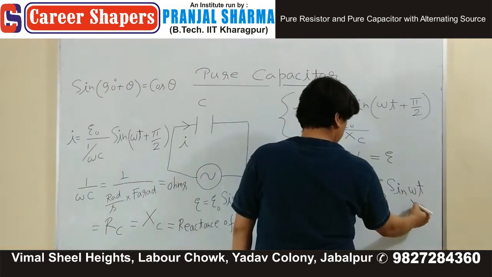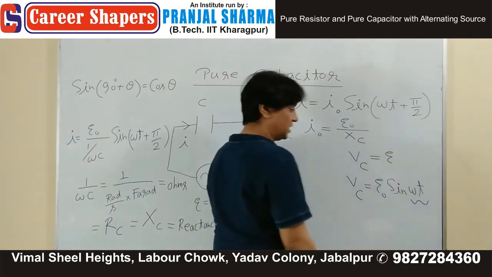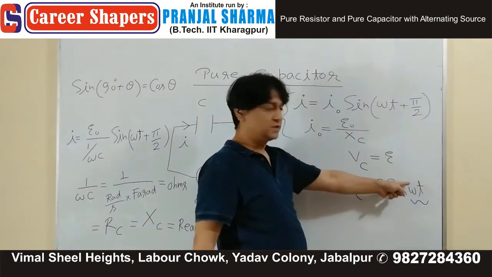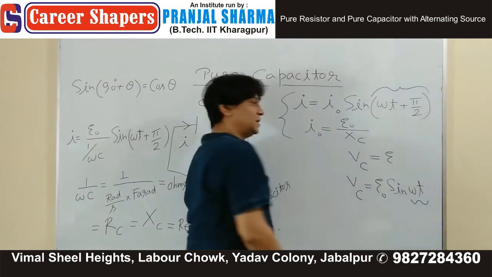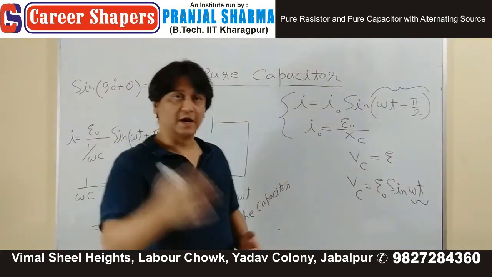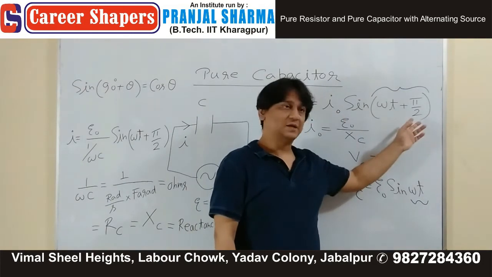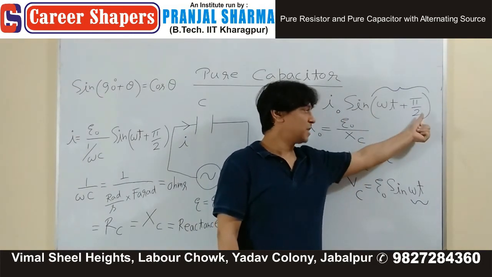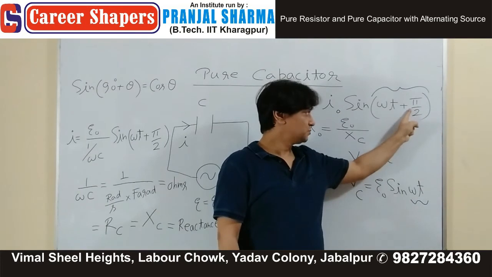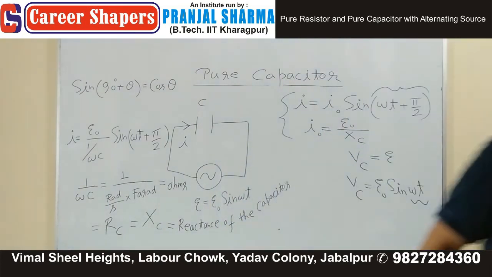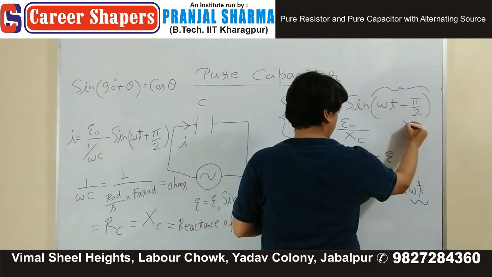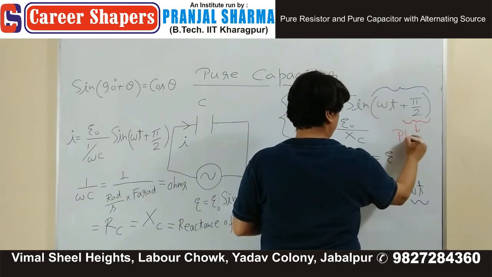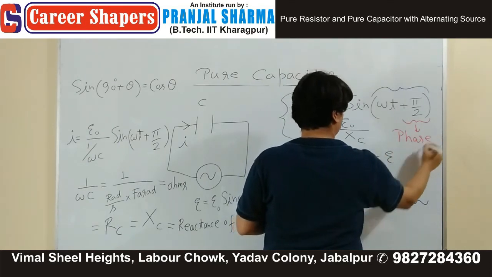This time, phase of potential difference across the capacitor is omega t, whereas phase of current through the capacitor is omega t plus pi by 2. So this pi by 2 part shown in red gives us phase difference.